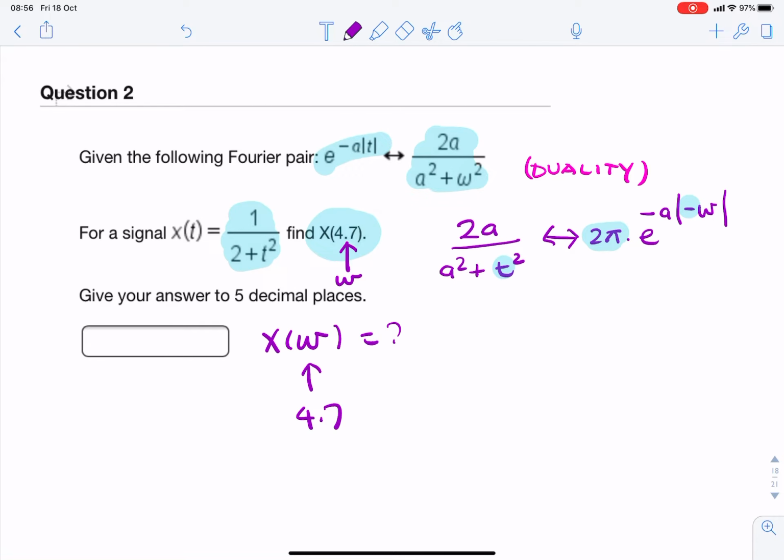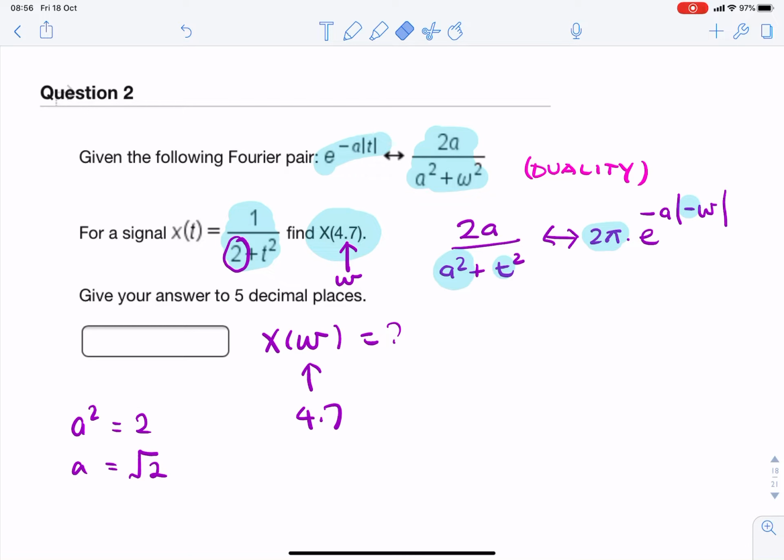So the next step is to try to identify a. So here, a squared, and here we have the 2. So if a squared equals 2, then a is clearly the square root of 2.